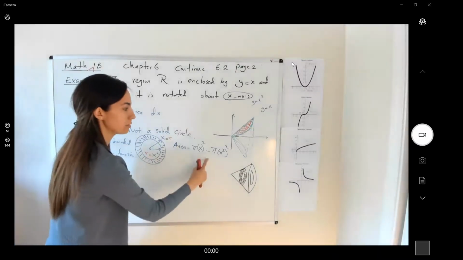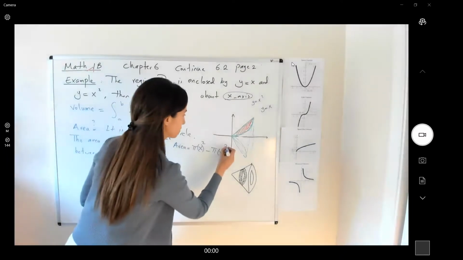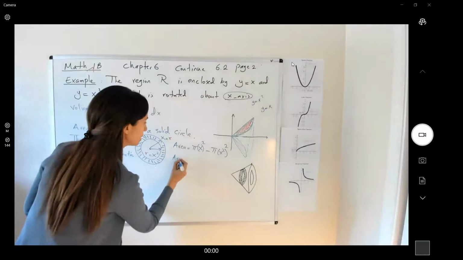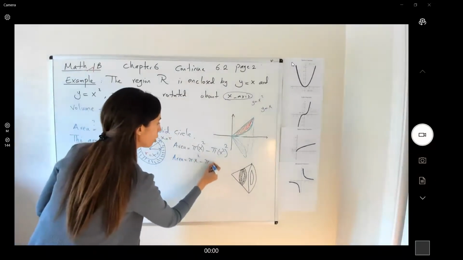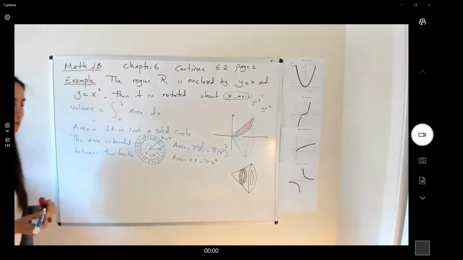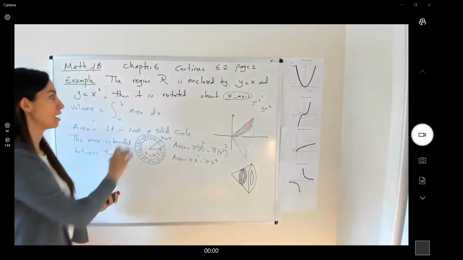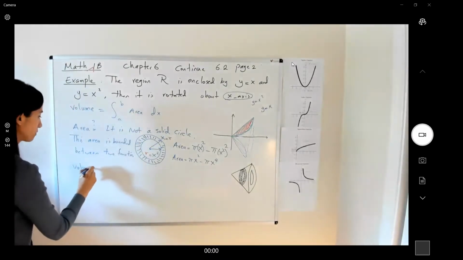Pi r squared minus pi r squared. This is your area. So your area can be simplified into pi x squared minus pi x to the 4. Okay, now that I have my area, I can take the integral and find the volume.